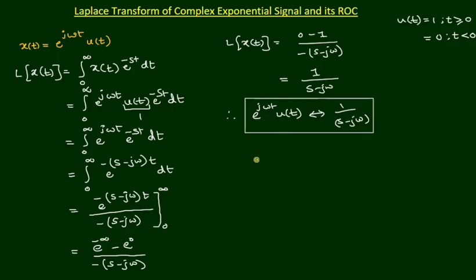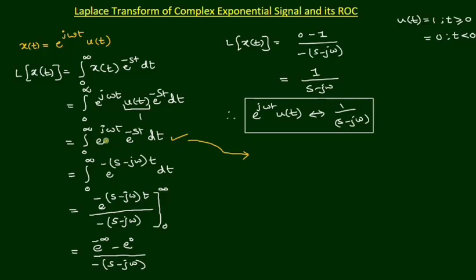Now we also write the ROC for this exponential function from the expression, the integral over 0 to infinity e power j omega t into e power minus st dt. This expression we use to find the ROC.